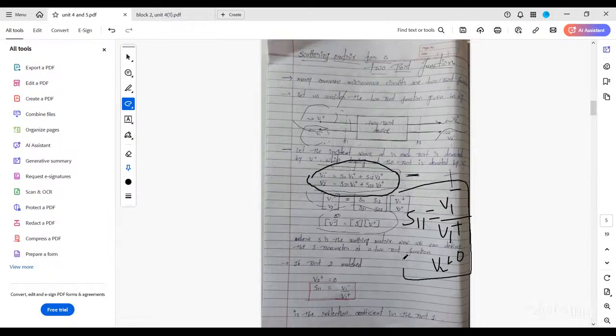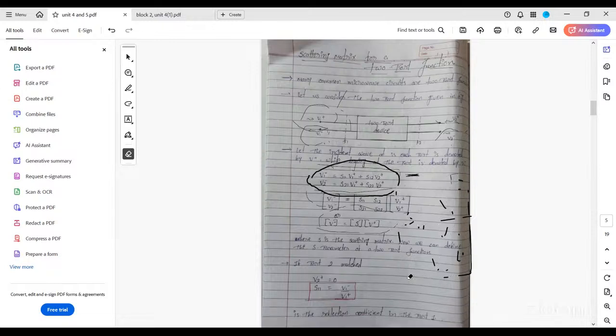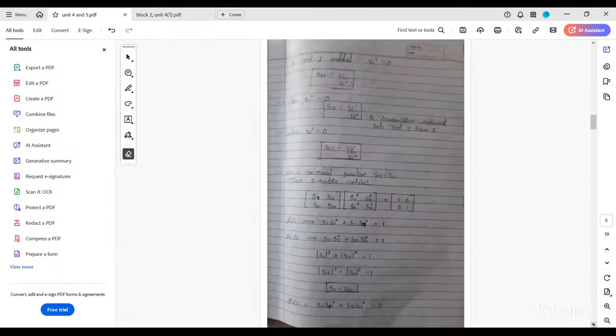This is the S11 parameter. In the same way, now I want to write the S12 parameter. From the equation, I am writing S12 equal to V1 minus by V2 plus.